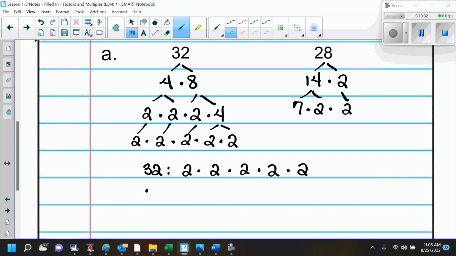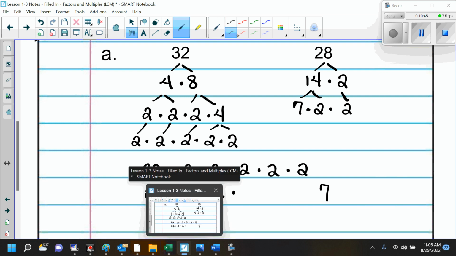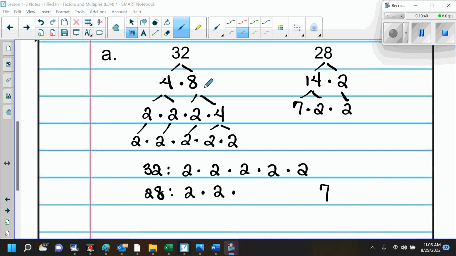And then 28 is 2 times 2 times 7. And I'm going to put 7 all the way out here. Okay? So now we can circle what they have in common. So they have 2's in common here, and they've got 2's in common there.